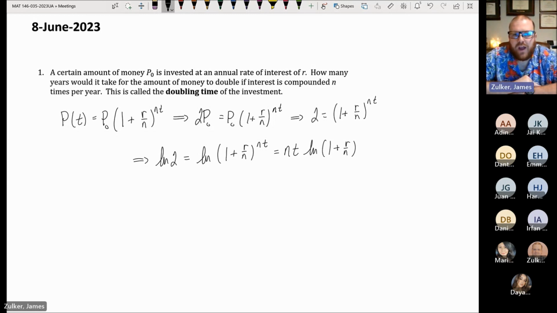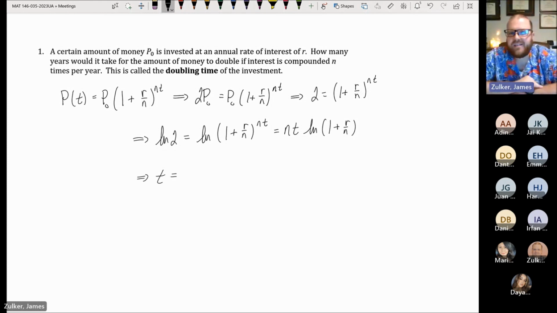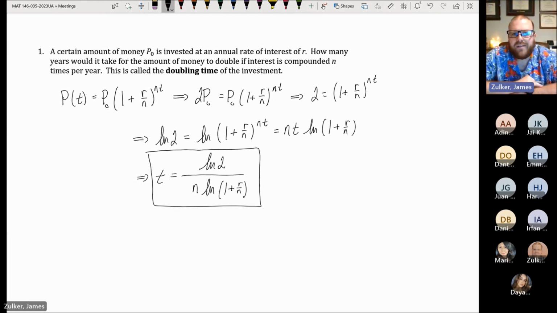And then we use the law of logarithms to bring the exponent down as a scalar multiple. Now we can easily solve for t. And there's our doubling time.